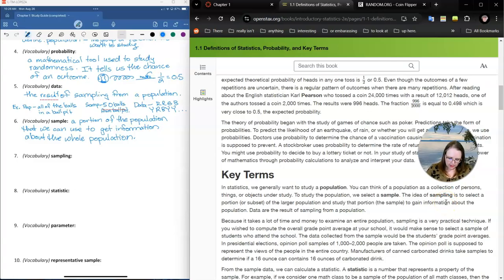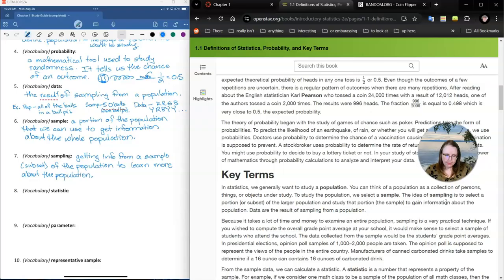So sampling is getting info from a sample, a subset of the population, to learn more about the population.